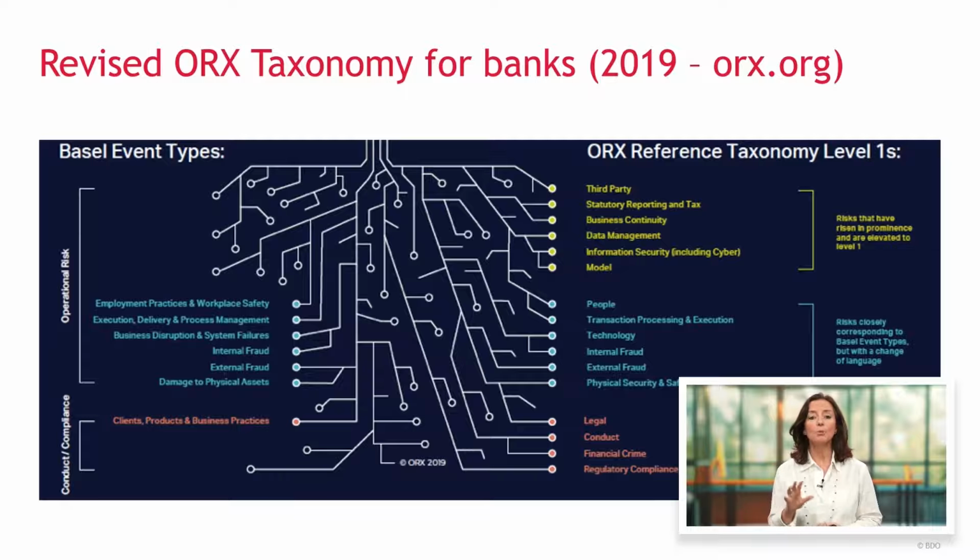The block in blue is pretty much a one-to-one correspondence to the original categories of risks. And the fourth block is essentially a granularization of CPBP, clients, products and business practices, into legal compliance and financial compliance, etc.